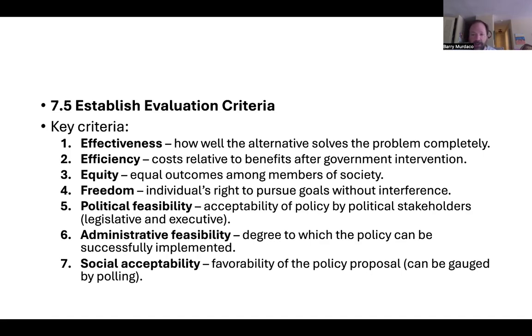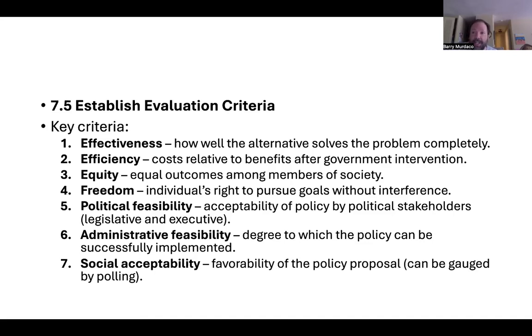So again, once again, we're in a technical cost benefit analysis. Equity, equal outcomes among members of society. Freedom, individuals' rights to pursue goals without interference. Political feasibility, acceptability of policy by political stakeholders, legislative and executive.